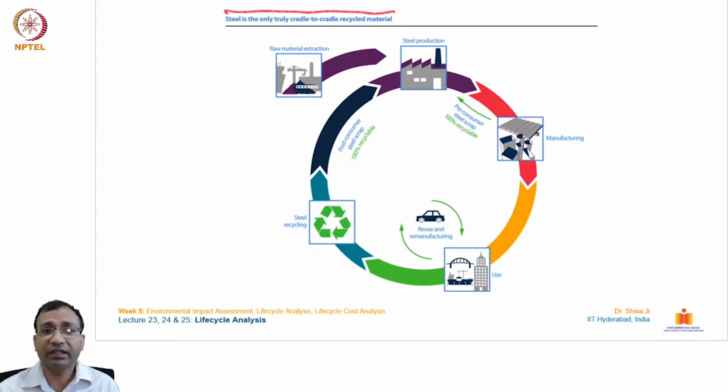Then it goes for usage again, lasts there for several years, goes for recycling, and comes back to the factory. This is how the cycle of steel as a material keeps on running. So steel is one of the best materials as far as the recycling process is concerned.